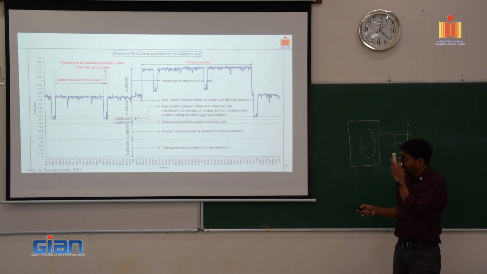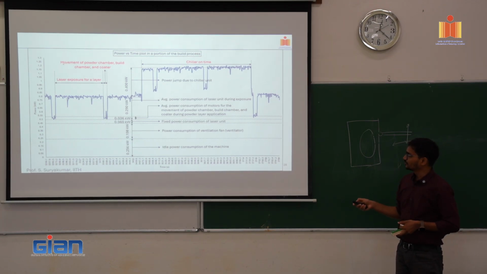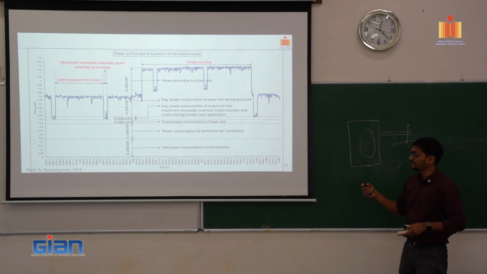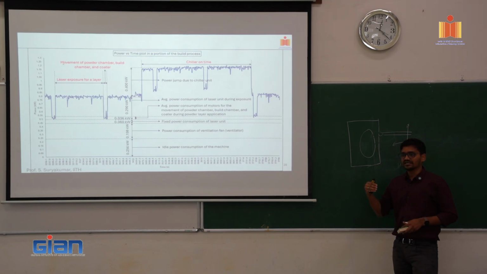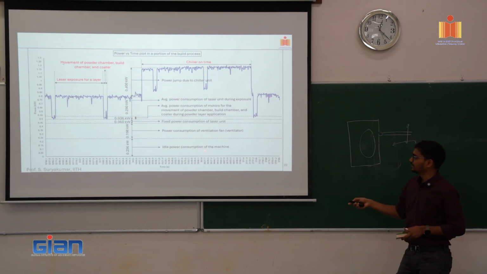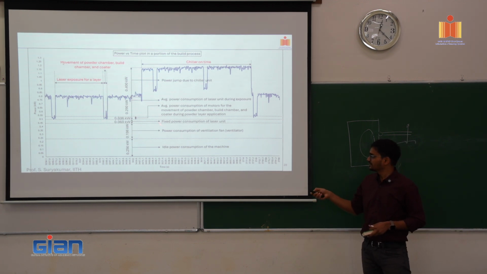This graph typically shows the power versus time for a typical operation of a laser bed fusion. It gives you the energy differentiation, or the energy budget, for different activities which are going on. Here you have the idle power consumption, and that takes up a significant chunk. If you turn on the machine, this is the minimum energy that you have to use.